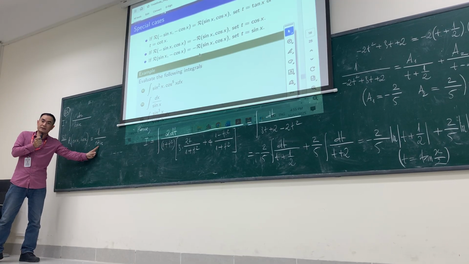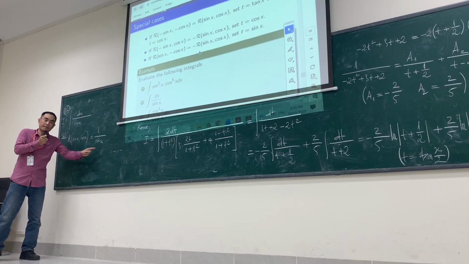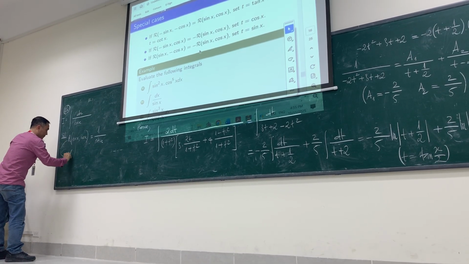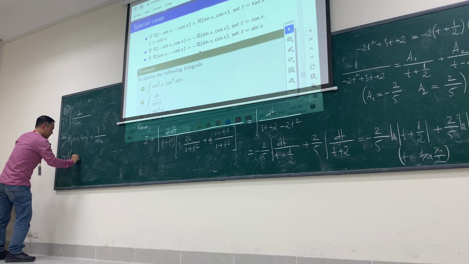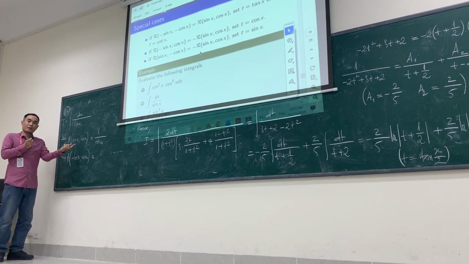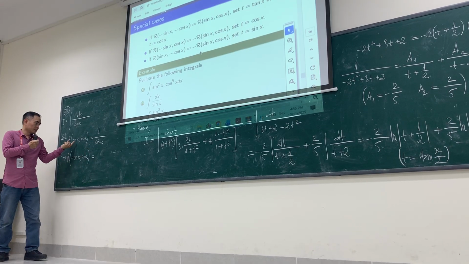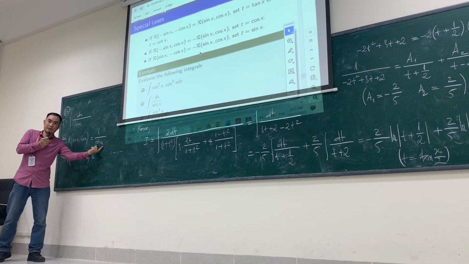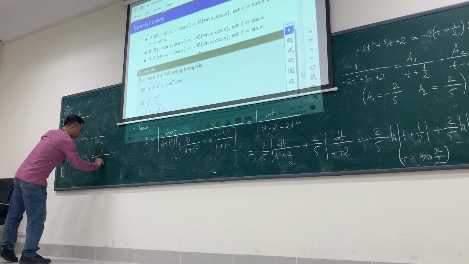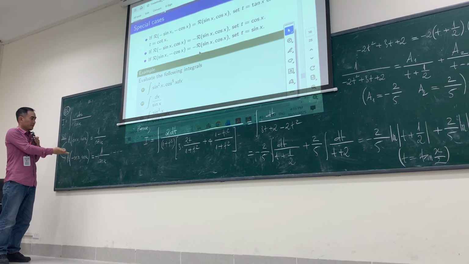Now, from here we can check R of minus sin x, cosine x, what value? R of minus sin x is equal to minus 1 over sin x.